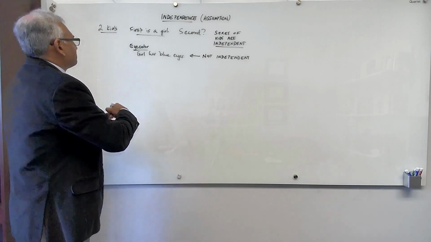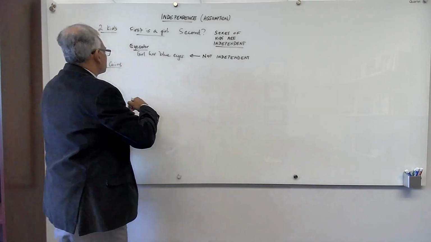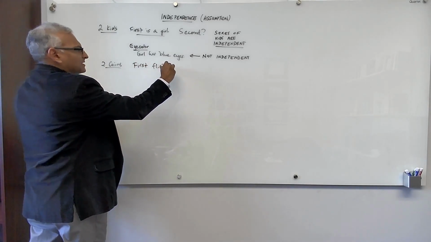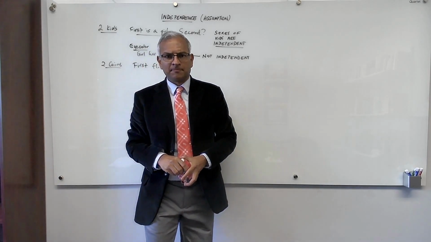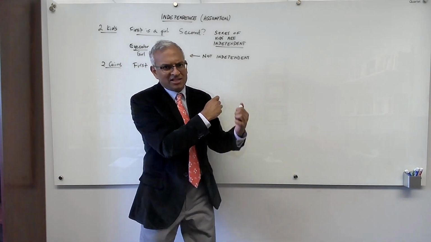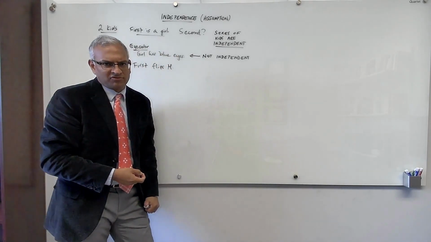Let's take another example. Flip 2 coins. So you flip the 2 coins. The first flips heads. Okay, so what's the second flip? Look at me and say, how would I know? That's the key to independence. So telling you something about the first coin flip tells you nothing about what the second coin flipped.